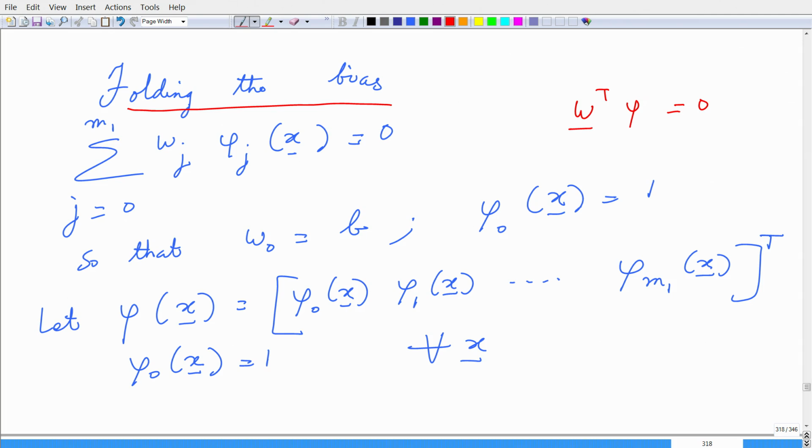Now with the augmentation, that is by folding the bias, phi of x is basically phi naught x, phi 1 x, dot dot till phi m1 x. This is a vector in R m1 plus 1 dimension, because I am folding the coordinate that corresponds to the bias, and phi naught of x is 1 to have the validity of this equation.